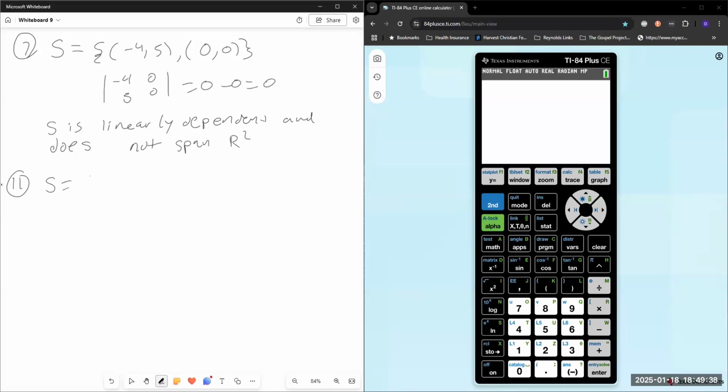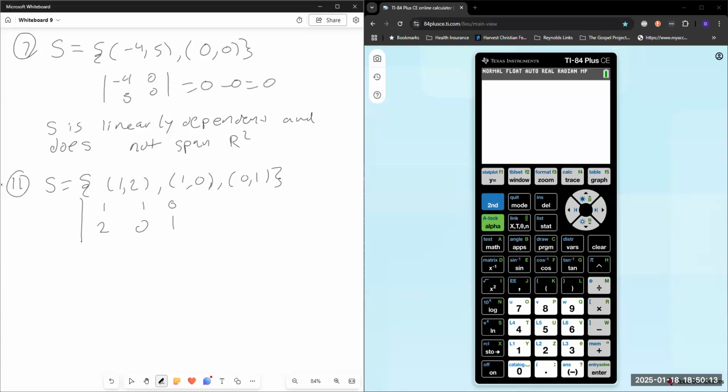Let's look at number 11. We have S is (1, 2), (1, 0), (0, 1), and (2, 1), (0, 0), 1. I can't find the determinant of that. It's not square, right?